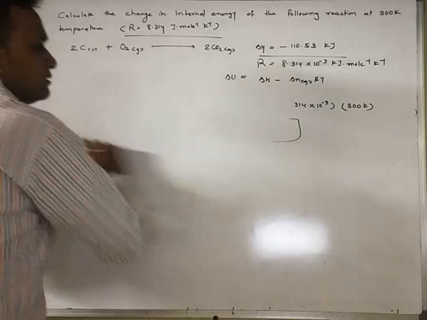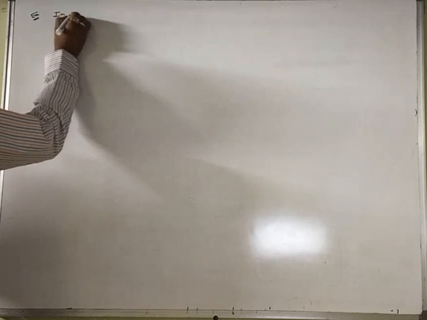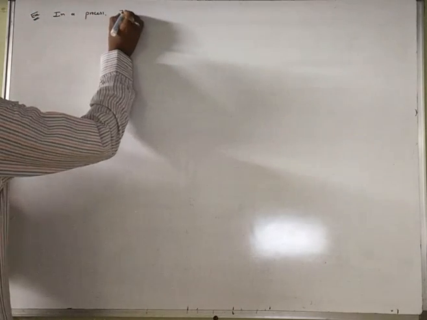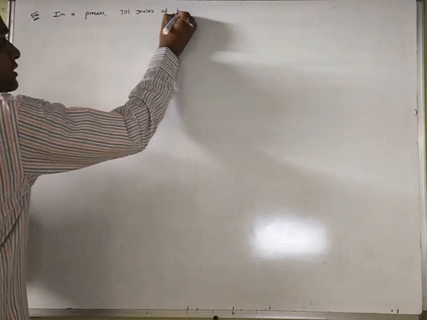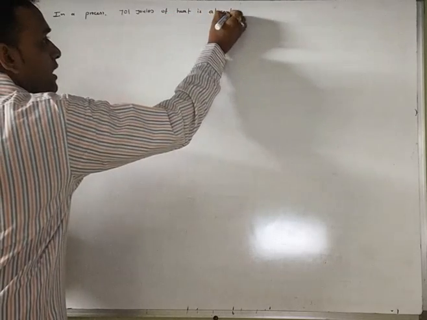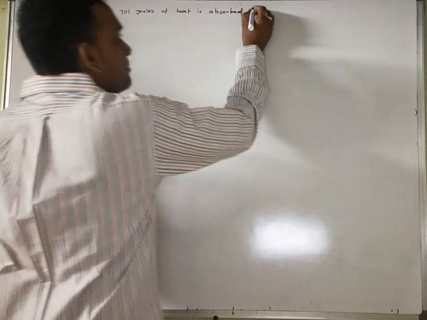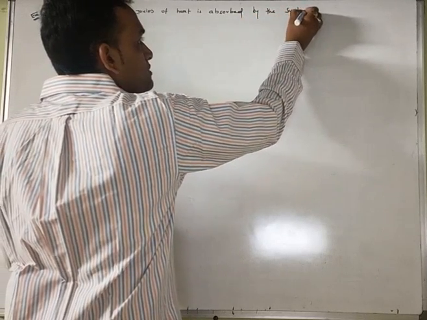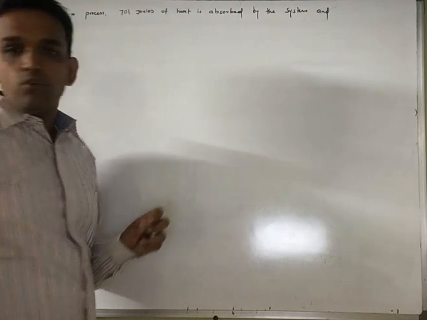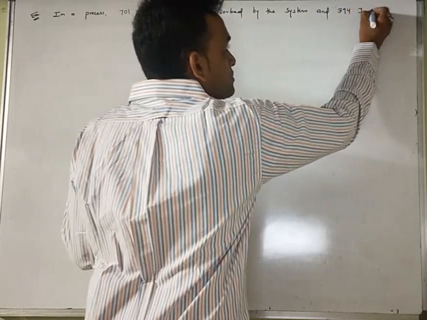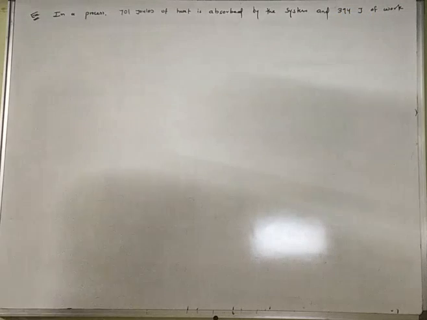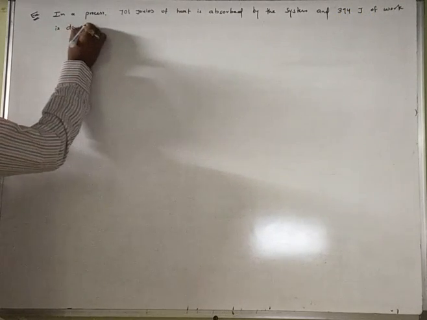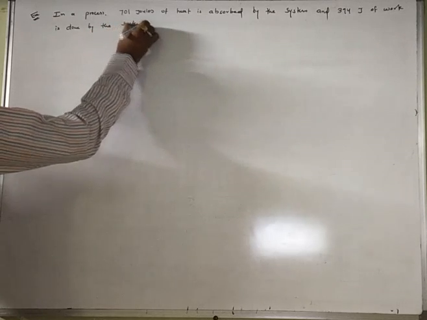Let's see the next example. In a process, 701 joule of heat is absorbed by the system and 394 joule work is done by the system, right?